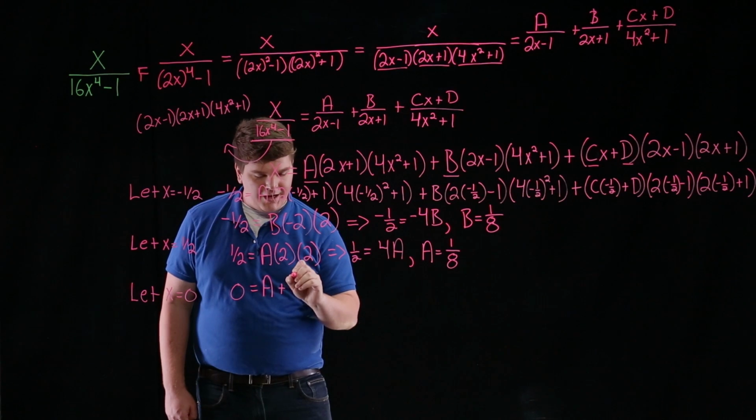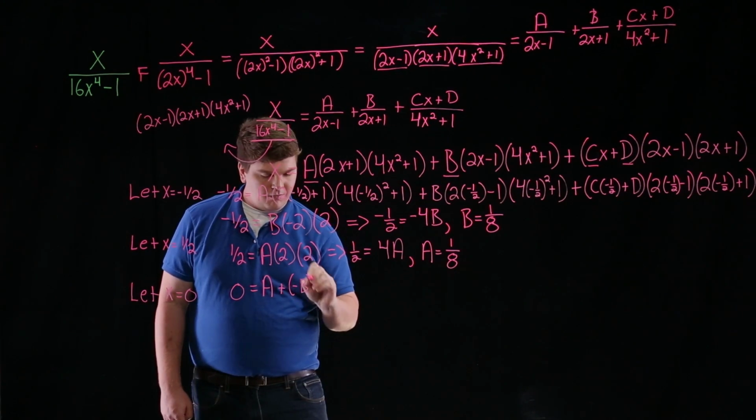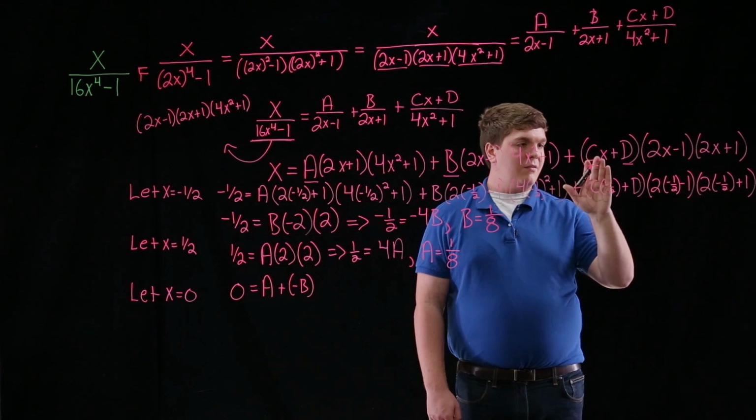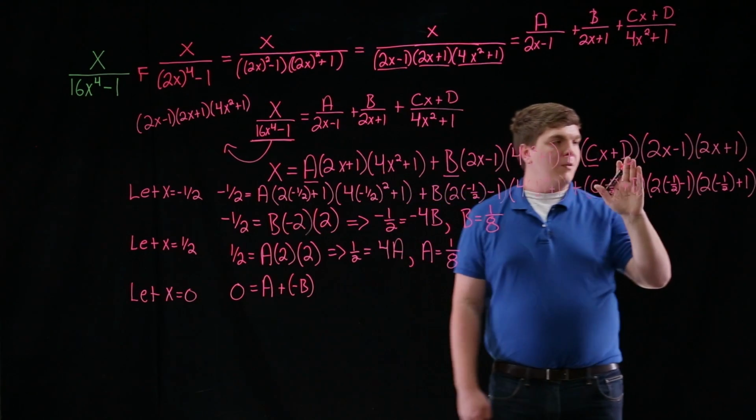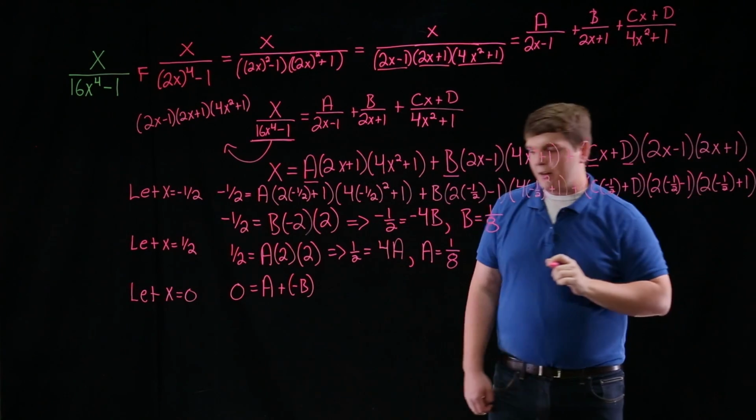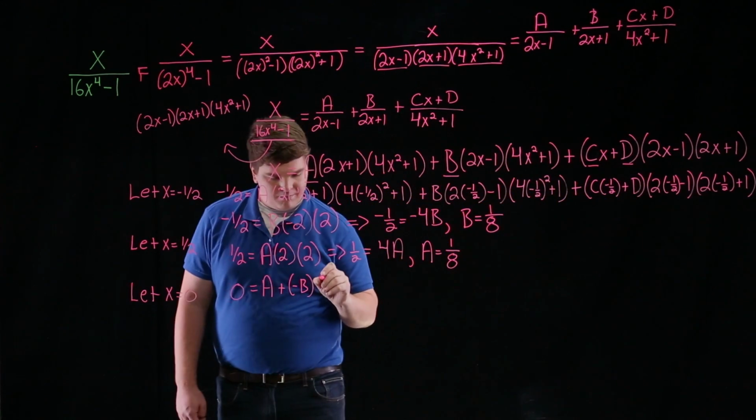So we'll be adding a negative b. Plus, here we said x is 0, so we'll have d times negative 1 times 1. So we'll be subtracting d or adding negative d.